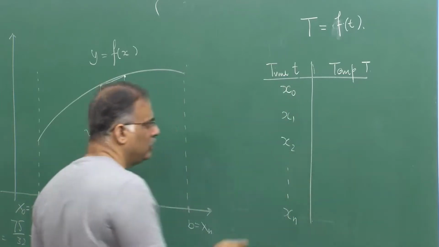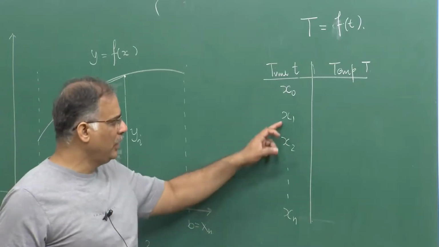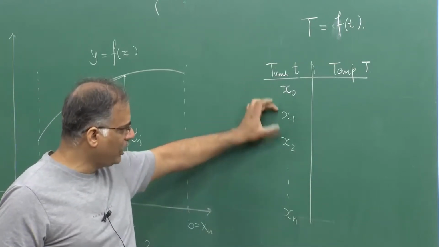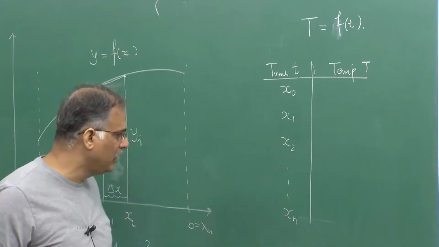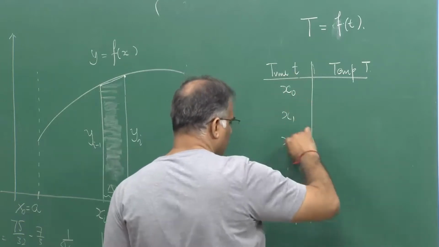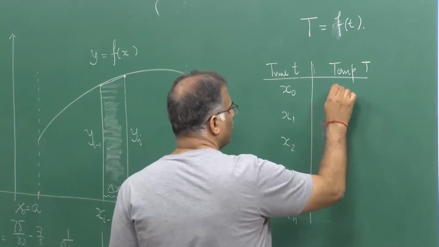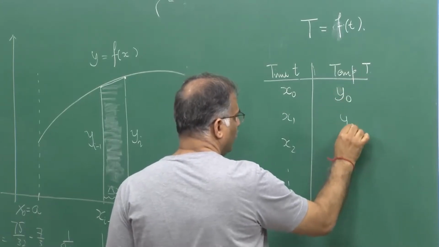So, each hour you have recorded, say n hours, for n gaps, starting at time t equal to 0, ending at the nth moment. This is your time x0, time x1, time x2, and time xn. The temperature would be given as y0, y1, yn.